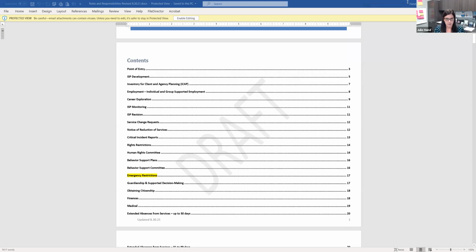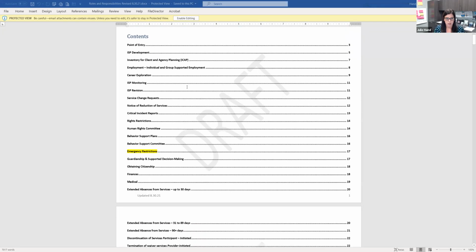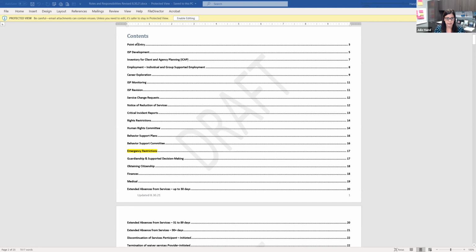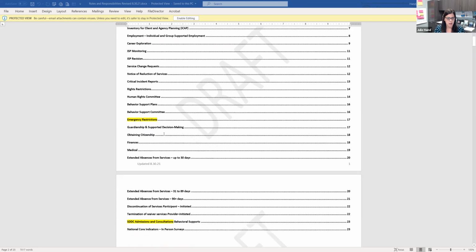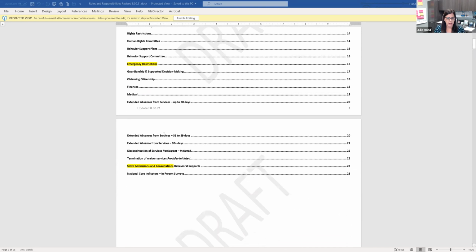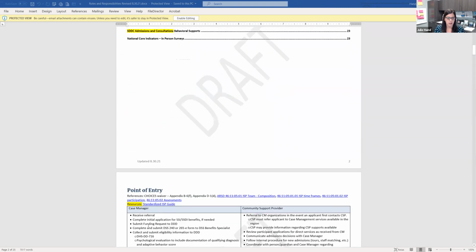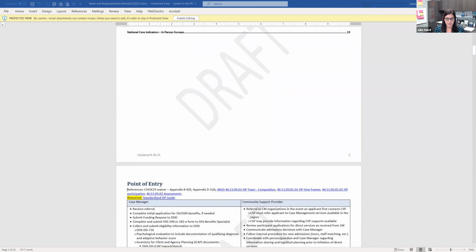So I'm going to pull up the actual roles and responsibilities document now. We have a table of contents. You should be able to click on the section or the page and it will take you to that. Each section also has references.